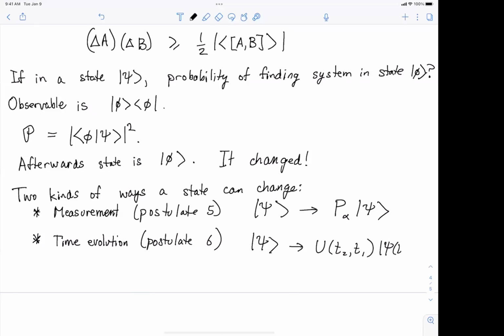So this is saying if you start at time t1, I should have put here that this is the state at time t2. And so this is a unitary operator.